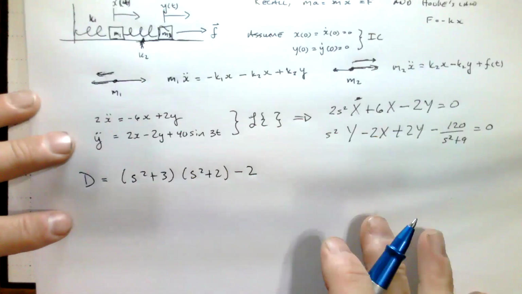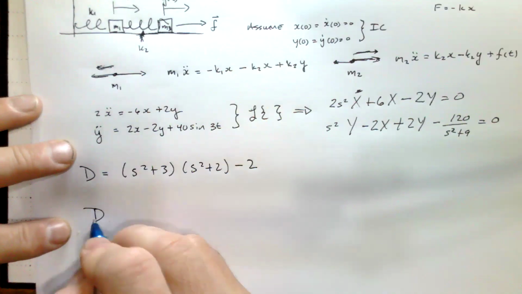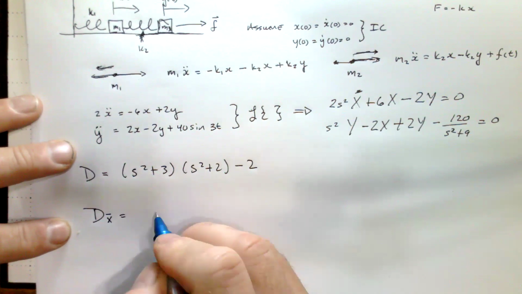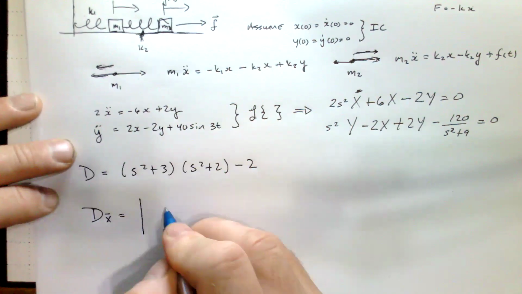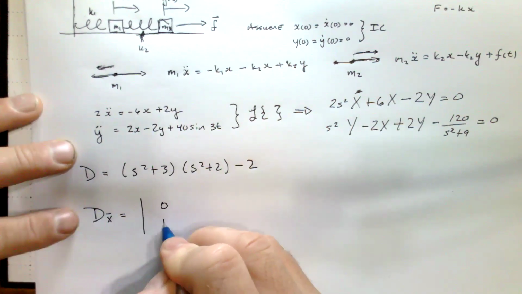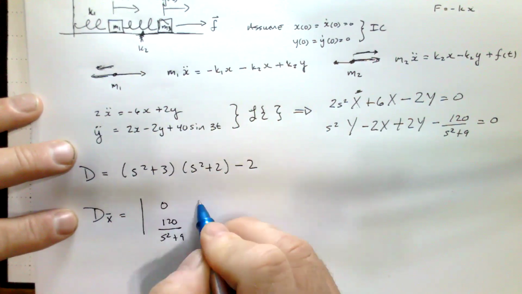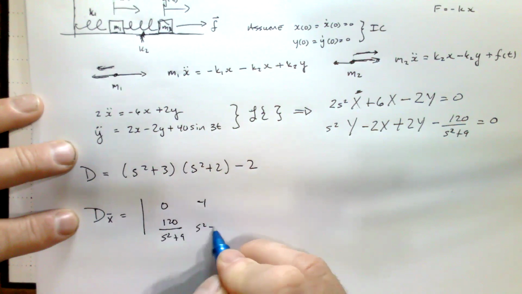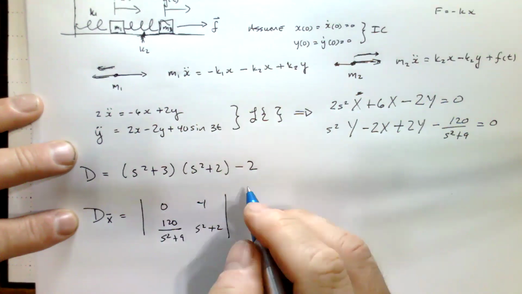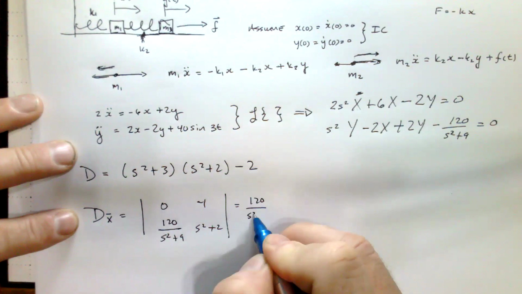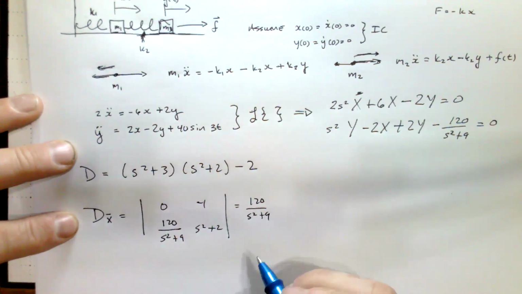So D in the x direction is the determinant with entries 0, 120 over s squared plus 9, negative 2, and s squared plus 2, which gives us 120 over s squared plus 9.